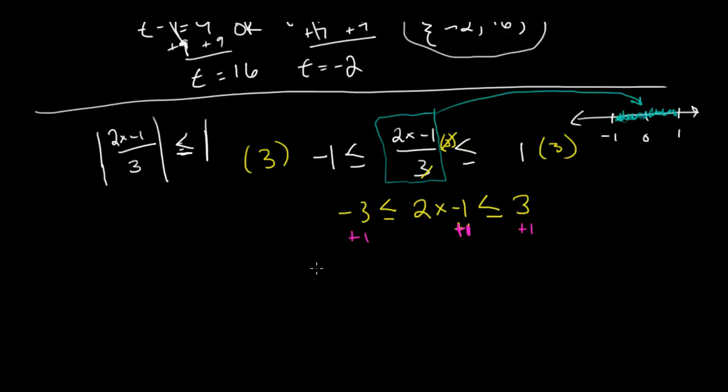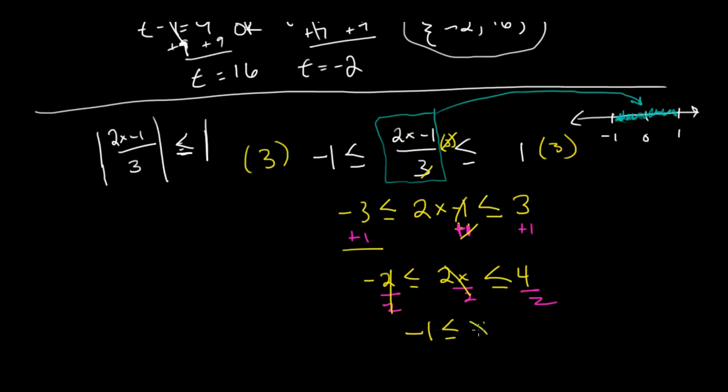And so we get negative 3 plus 1 is negative 2, is less than or equal to 2x, which is less than or equal to 3 plus 1 is 4. Now we will divide all sides by 2, and we get negative 1 is less than or equal to x, which is less than or equal to 2.